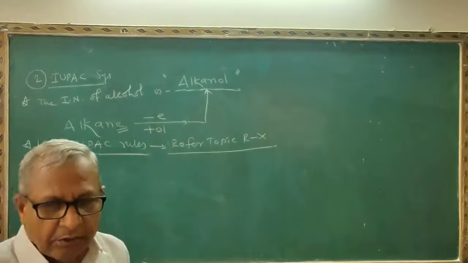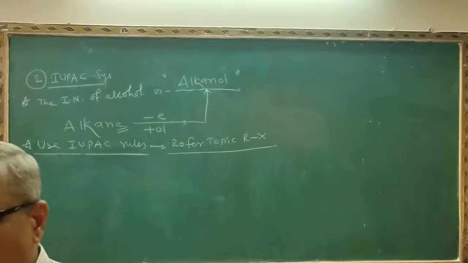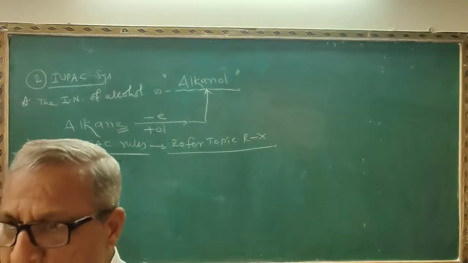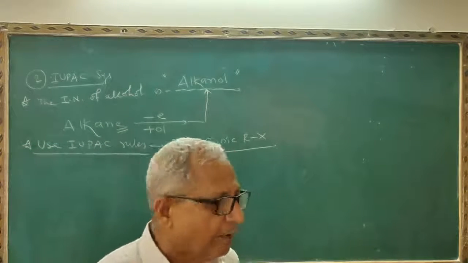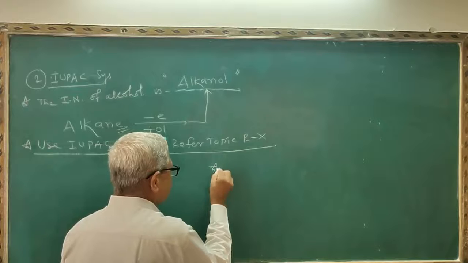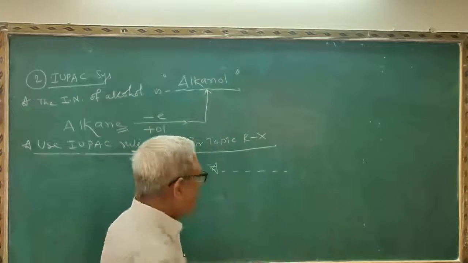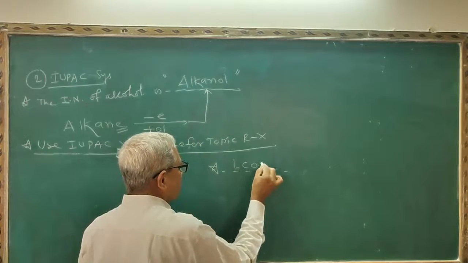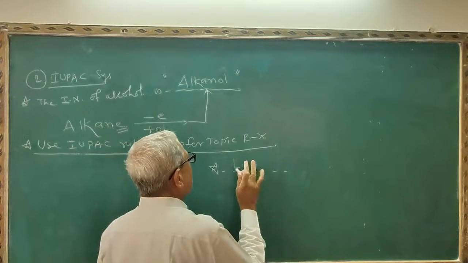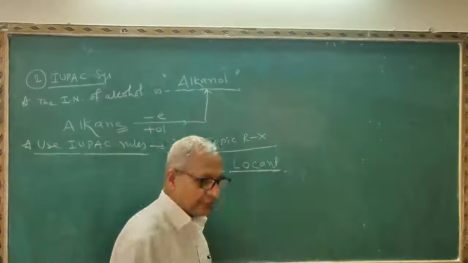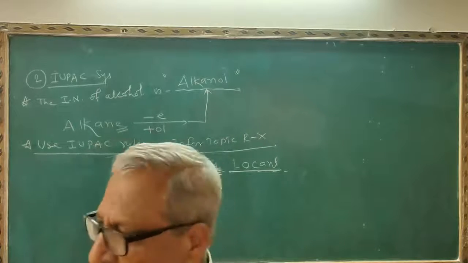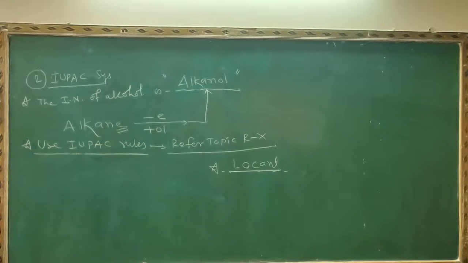Then second rule, the position of OH group is indicated by smallest possible number, either numbering from LHS or RHS, and that smallest possible number is known as dash dash. This is the objective question. That smallest possible number is known as locant. This is the important question here.